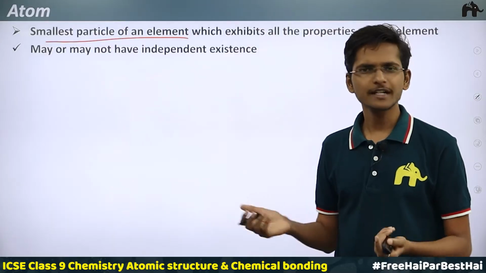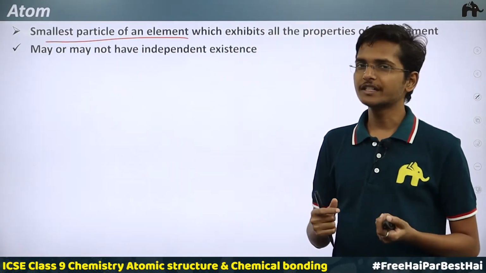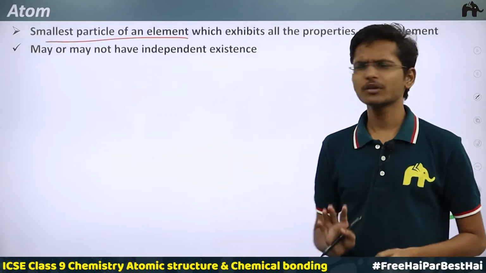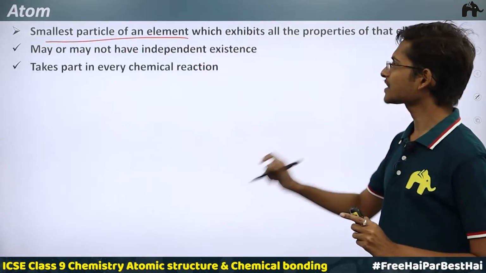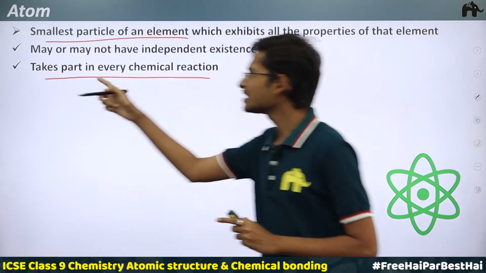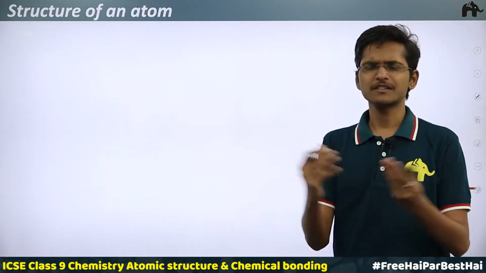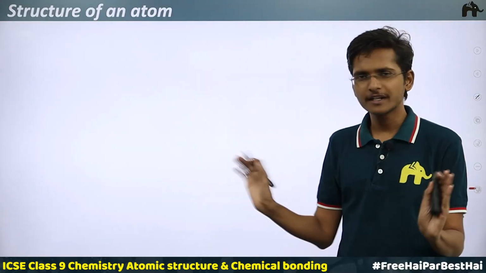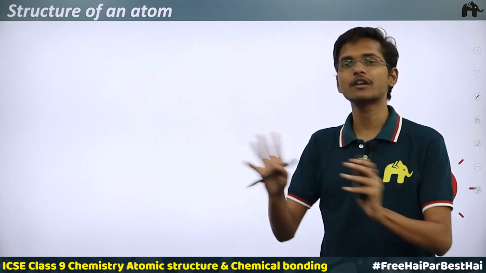We know about oxygen: the oxygen molecule exists independently, not oxygen atoms. And also, a very important thing, in every chemical reaction these atoms take part. So this was all about the atom, which is very basic. We already know these things by class 9.